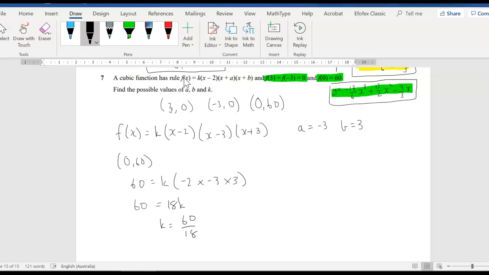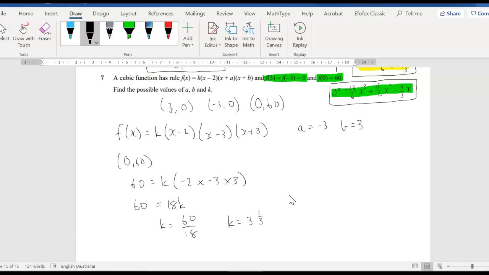All right, 60 divided by 18. That goes in 3 times, and we've got 6 over 18 as a remainder. So 6 over 18 is 3 1/3.